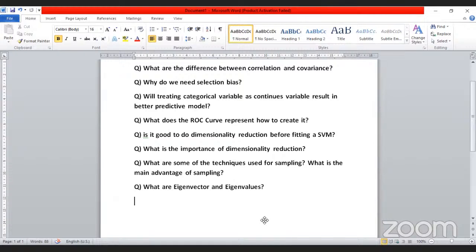When we decompose any matrix into eigenvectors and eigenvalues, it is called eigen decomposition. We can use this process in PCA for gathering valuable insight from the given matrix. So this is the eigenvector and eigenvalue.